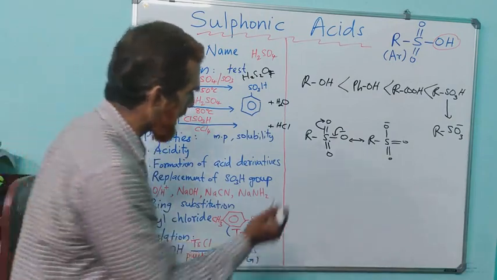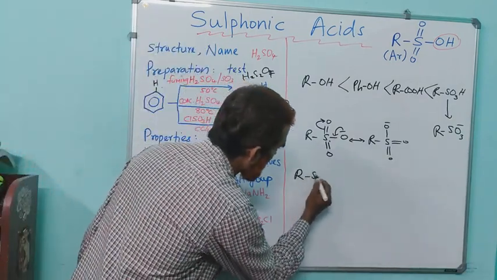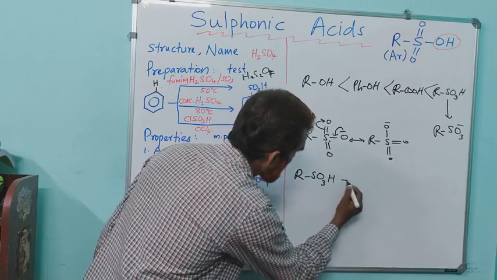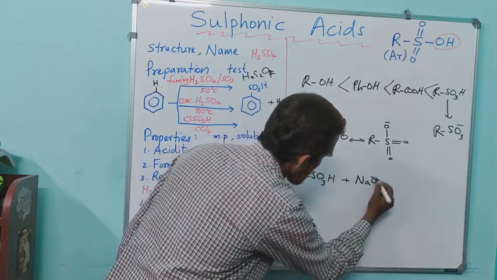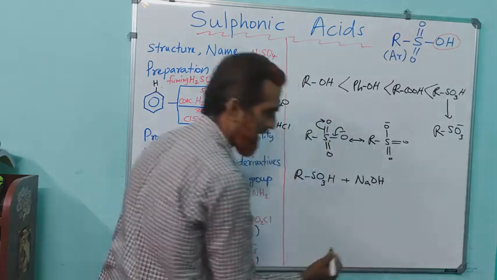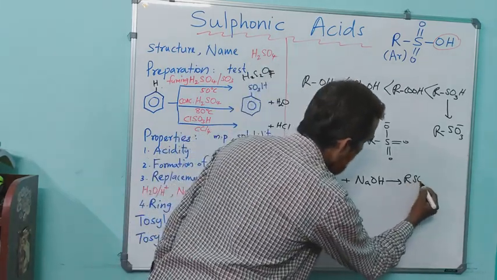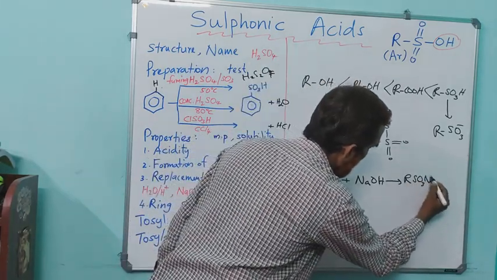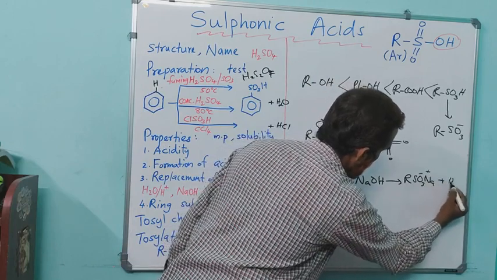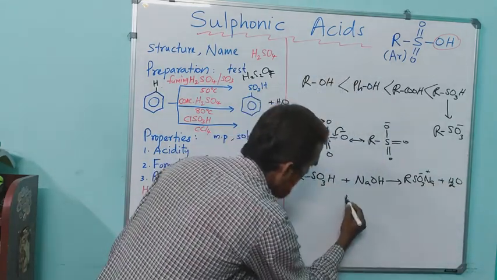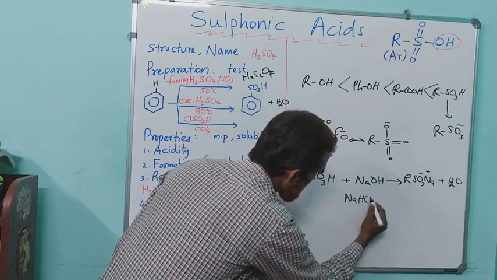So sulfonic acid reacts with, for example, sodium bicarbonate or sodium hydroxide, and you get the sodium salt, SO3 minus Na plus, plus H2O. If it is bicarbonate, what is the advantage?